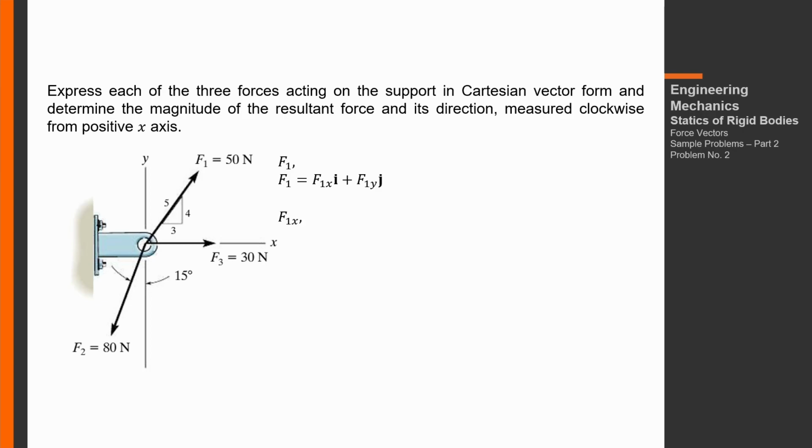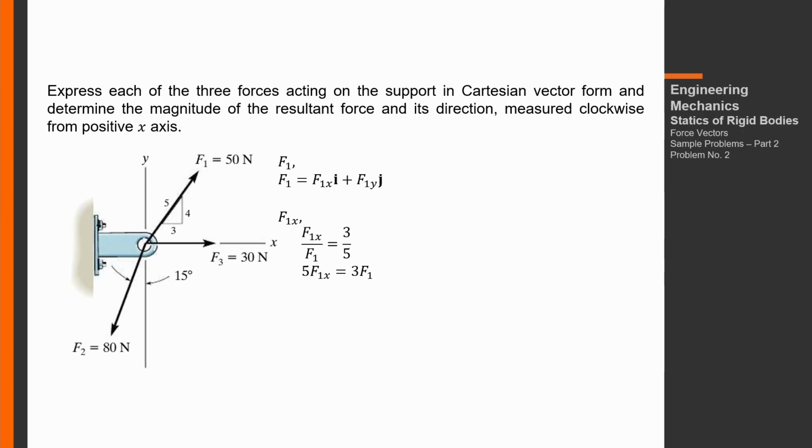So F1x, para makuha yung ratio ng x component tsaka ng given na F1, which is yung 50, should be equal dun sa ratio ng triangle na nasa given, which is 3/5. 3 dahil yun yung parallel dun sa x component. Tapos yung 5, yun naman yung parallel dun sa given na F1.